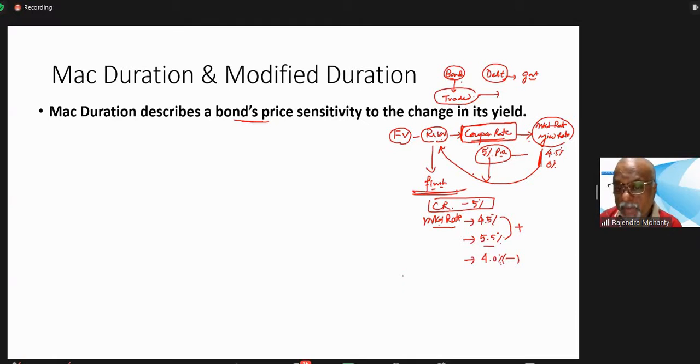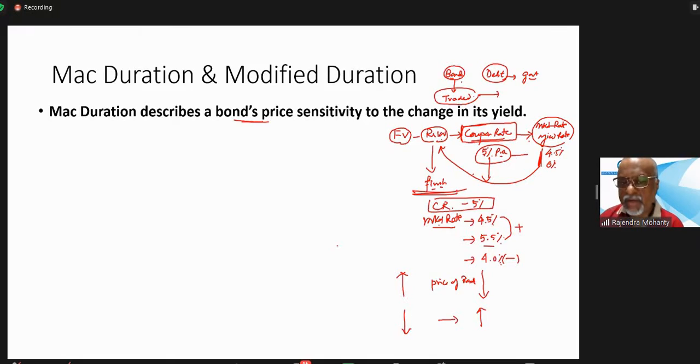So always remember, whenever the market rate is going up, the price of the bond will come down. This is the basic relation. And when the market rate falls, the price of the bond will increase.